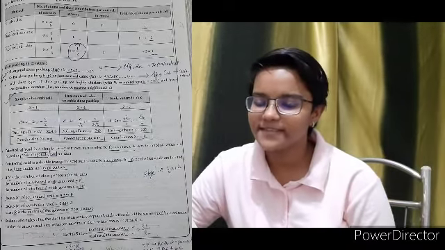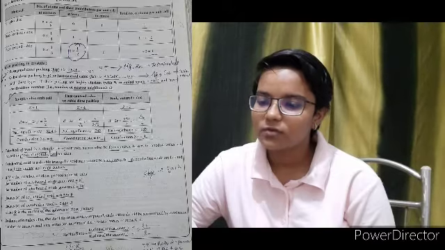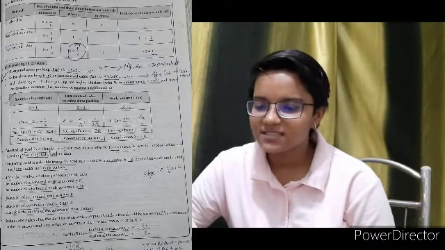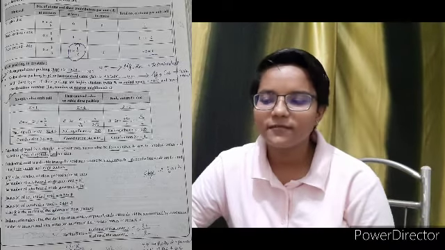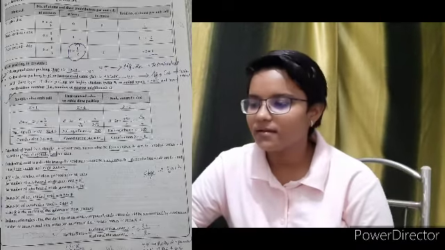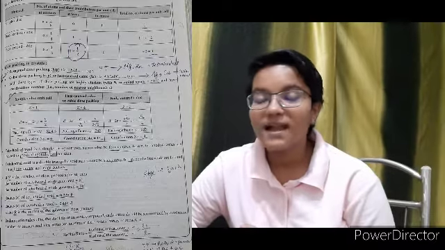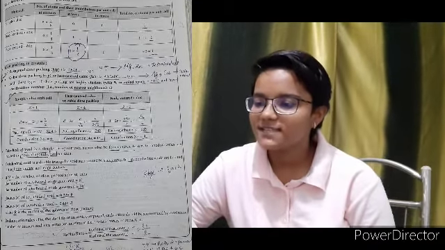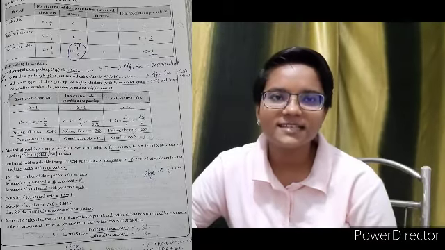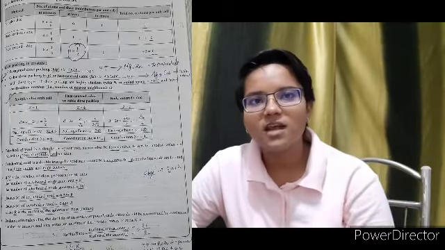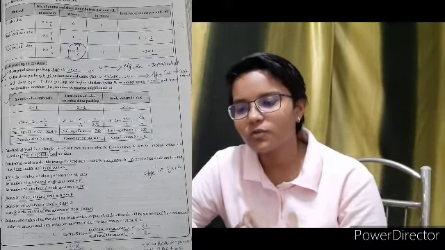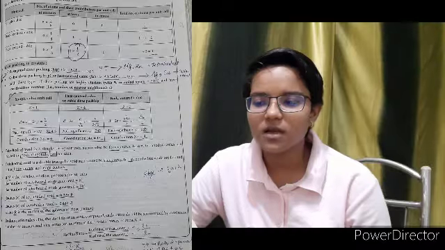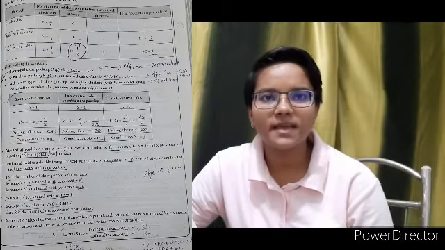Body centered cubic: Z equal to 2, R equal to under root 3 A by 4. Okay. Packing efficiency 68%. Coordination number is 8 for body centered, face centered 12, and simple cubic is 6. Packing efficiency for simple cubic is 52.4, face centered is 74%, and body centered is 68%. So they will ask how much space is vacant. So what you will do is just subtract, that is 100 minus the space occupied or packing efficiency.